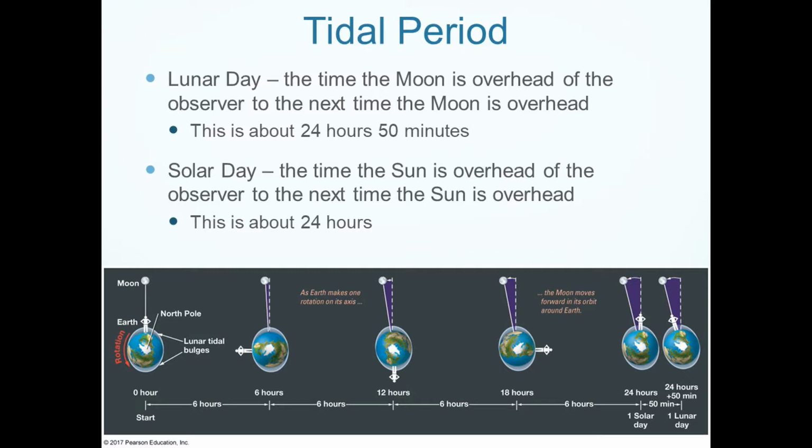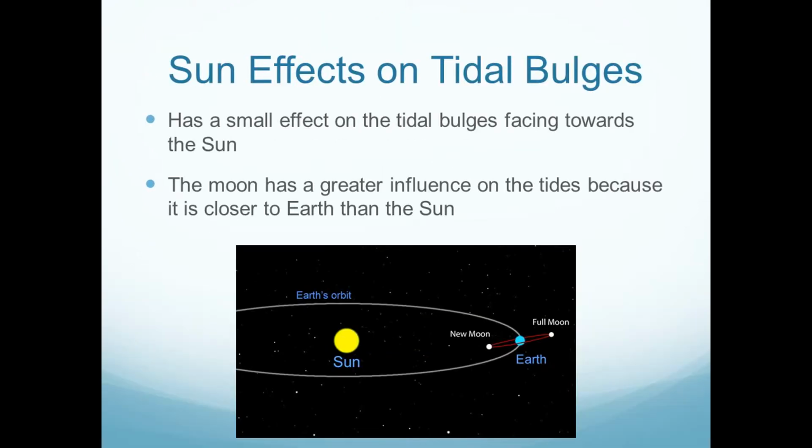Looking at this, you can see that the sun has a far smaller effect on the tidal bulges on Earth than the moon. The moon has a greater influence, primarily because of how close it is to Earth compared to the sun.